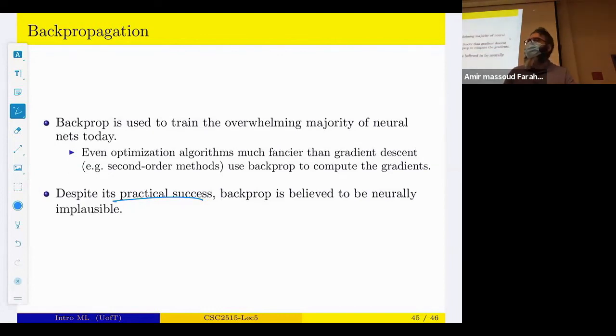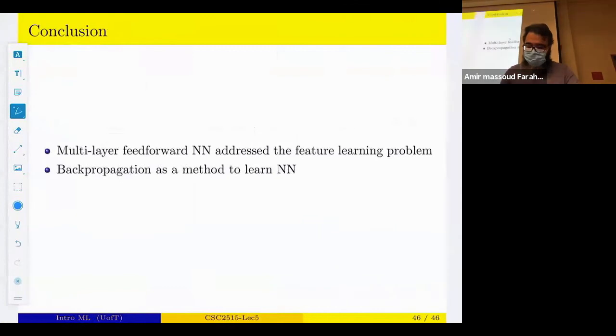So this is probably not how the brain actually trains itself. There is a lot of research by people trying to find something similar to backpropagation and show that the brain is actually doing it. I don't know the state of the research right now, but it is very likely that the brain doesn't compute the chain rule from the end and backpropagate the gradients. So that's part of the issue.